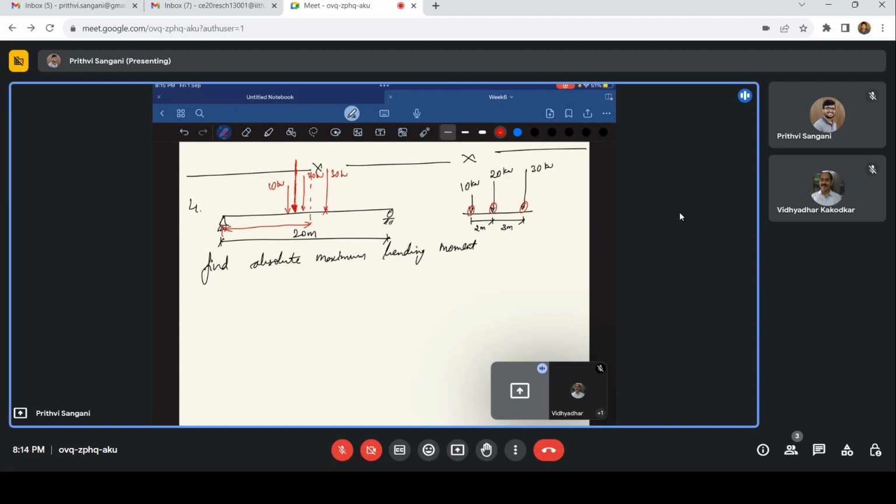That means the load should be the maximum. It should be near to the midspan, at a distance which is half of this distance, let us say this is d, so this should be d by 2.